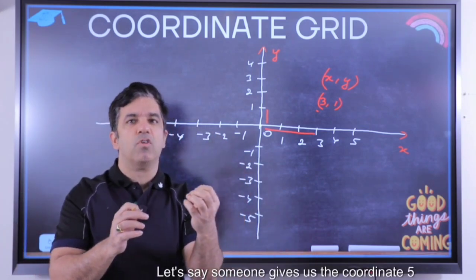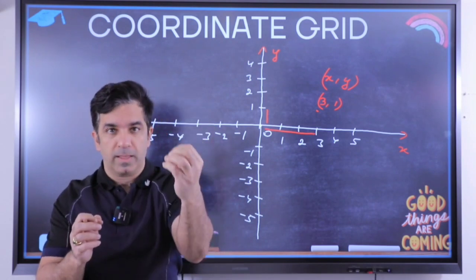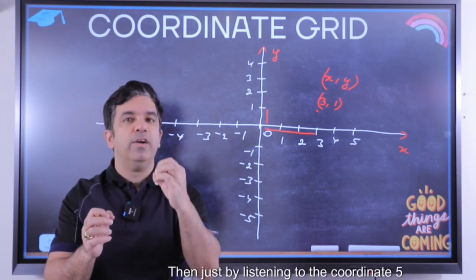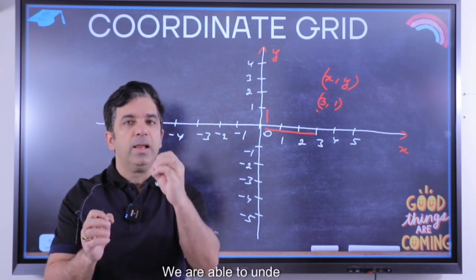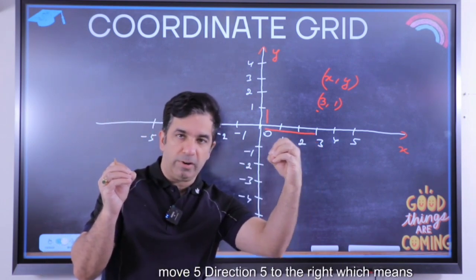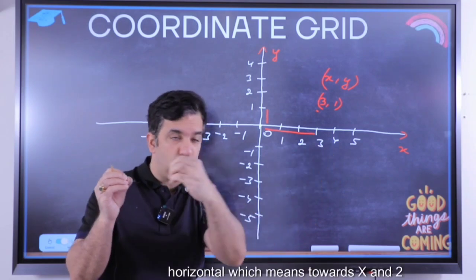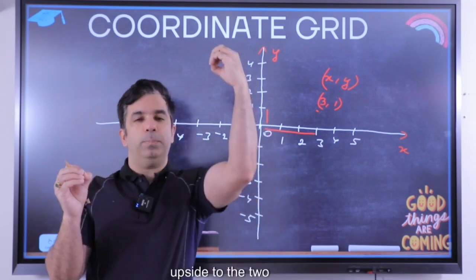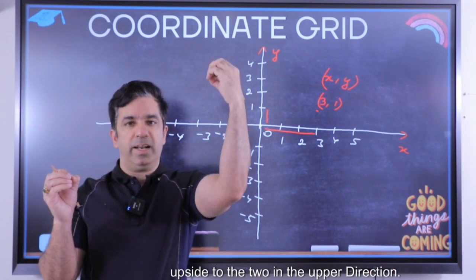So this actually is used even in the reverse direction. Let's say someone gives us the coordinate 5, 2. Then just by listening to the coordinate 5, 2, we are able to understand that we have to move 5 to the right, which means horizontal, which means towards x, and 2 upside, 2 in the upper direction.